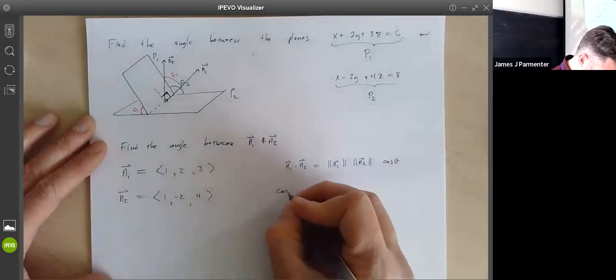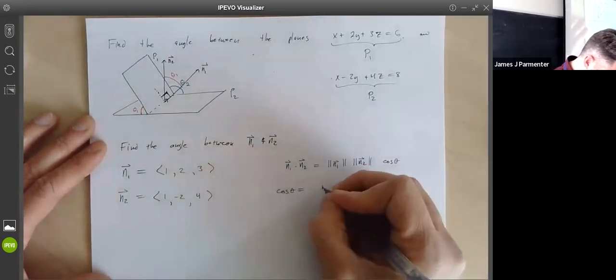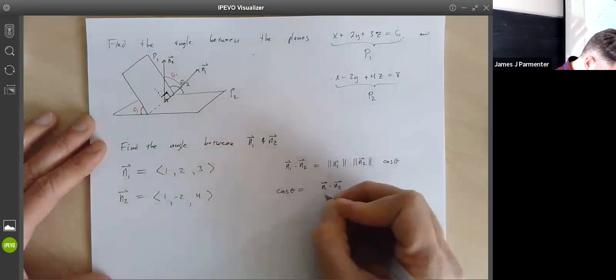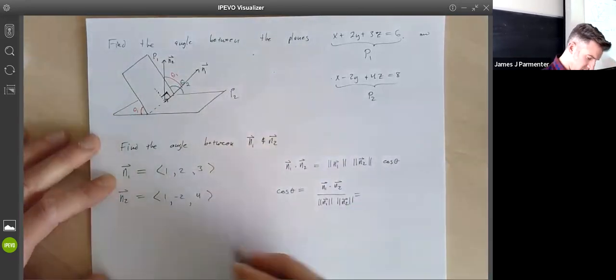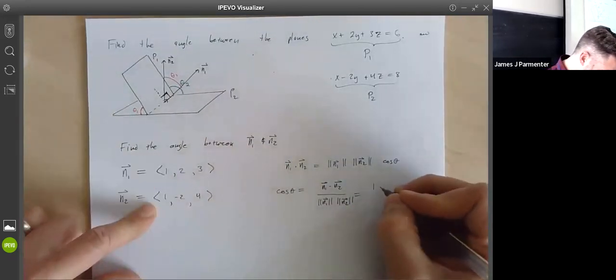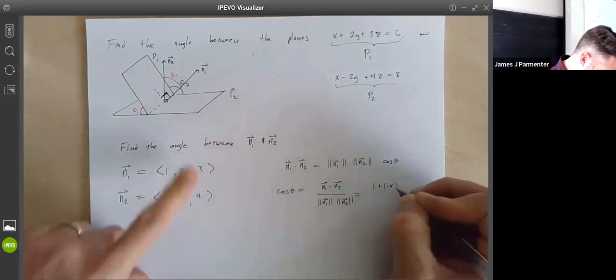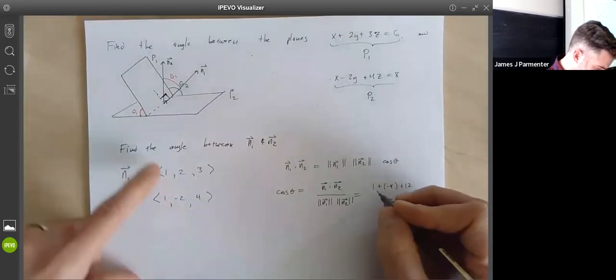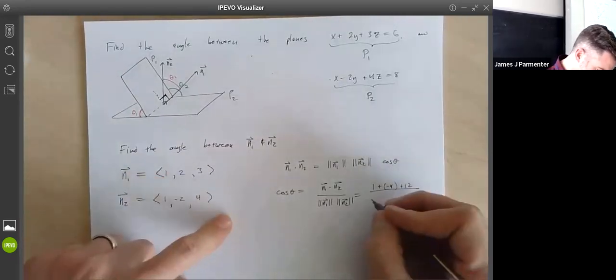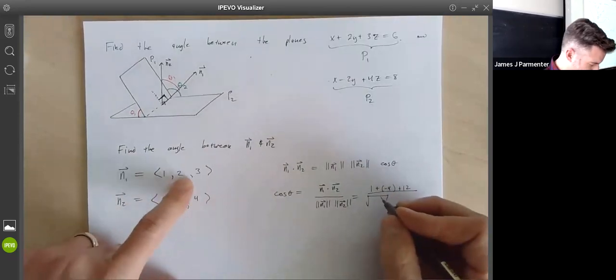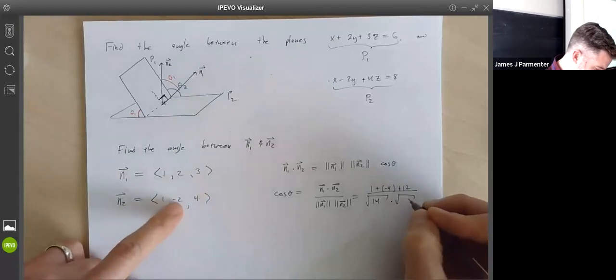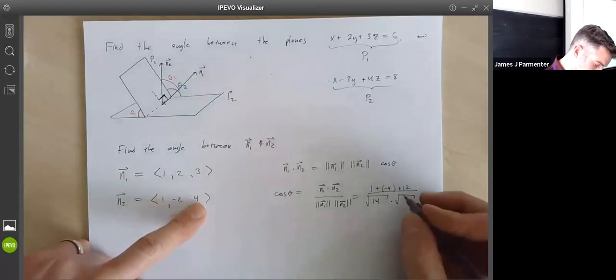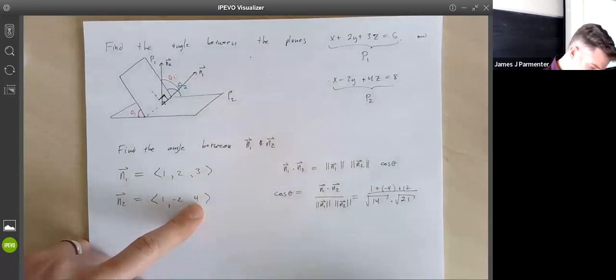So cosine of the angle is n1 dot n2 divided by the magnitude of n1 times the magnitude of n2. n1 dot n2 is going to equal 1 plus -4 plus 12, divided by the square root of 1 plus 4 plus 9 times the square root of 1 plus 4 plus 16. 1 plus 4 plus 16 is 21.